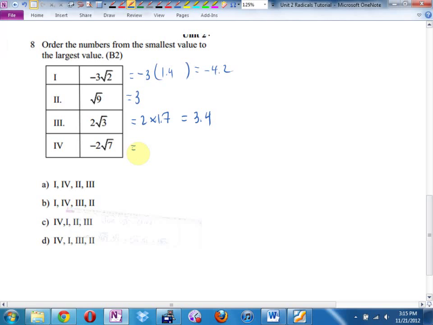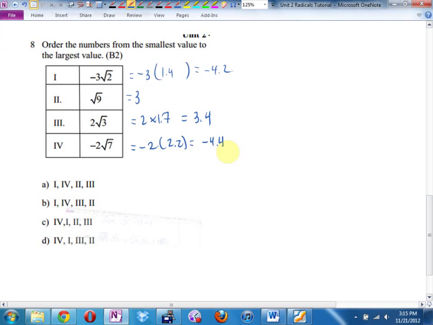What's the square root of 7, roughly? 2 point something? 2.2, 2.3? I don't know. I'll go 2.2. This is roughly negative 2 times 2.2, which is negative 4.4, approximately. It says put these in the order from smallest to biggest.